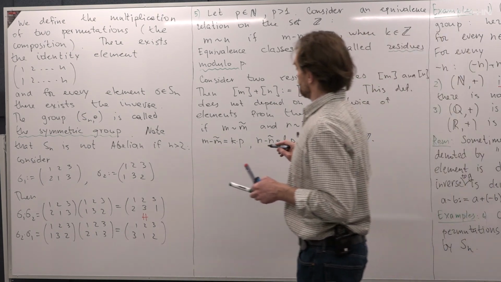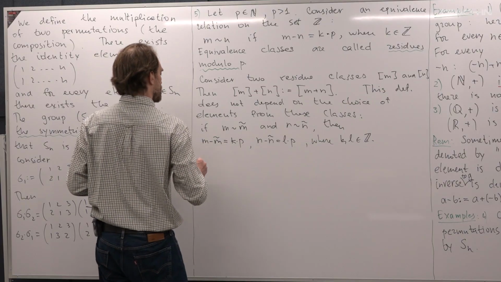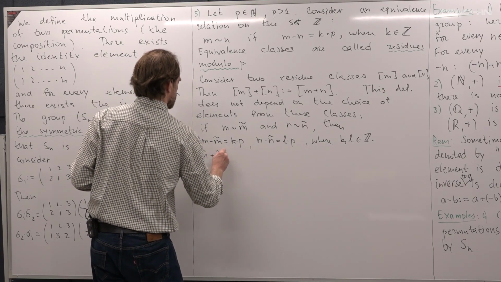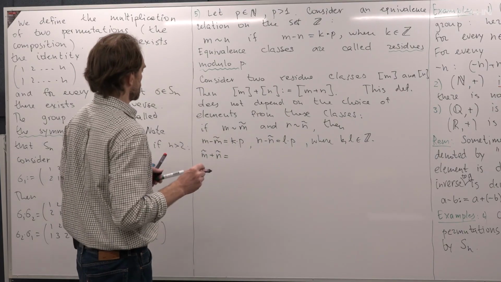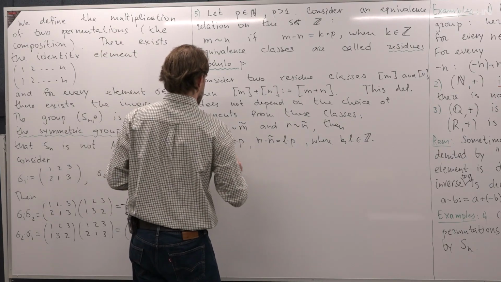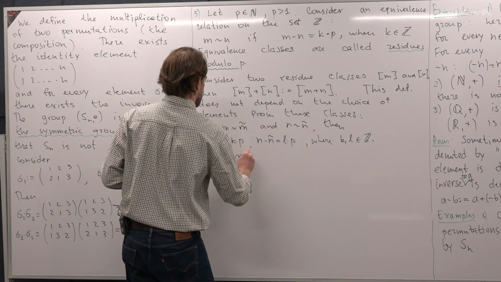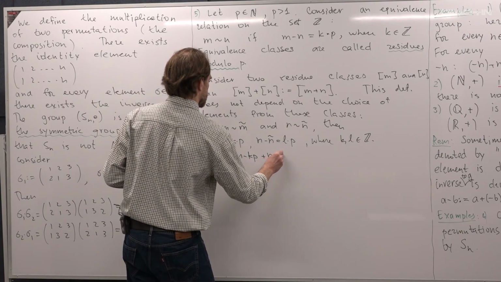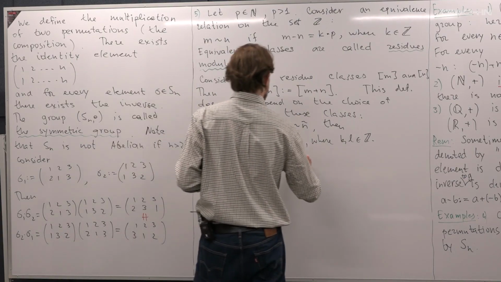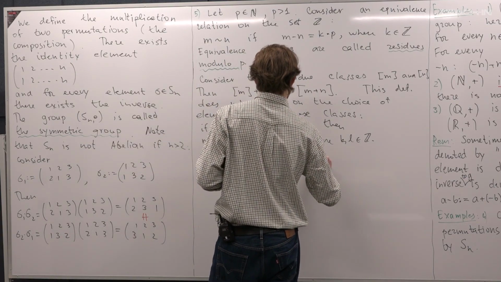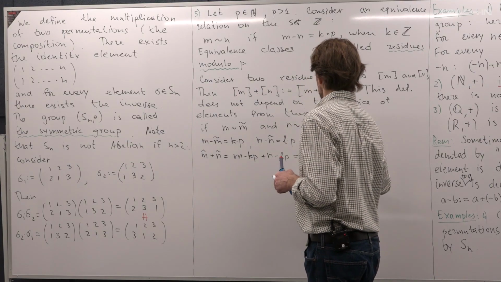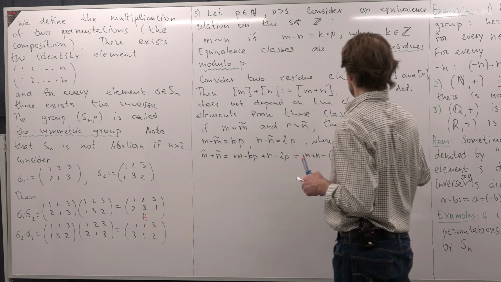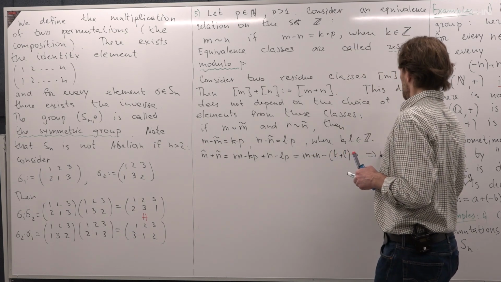And then M tilde plus N tilde is what? So it is M minus K p plus N minus L p, which is M plus N minus K plus L multiplied by p.